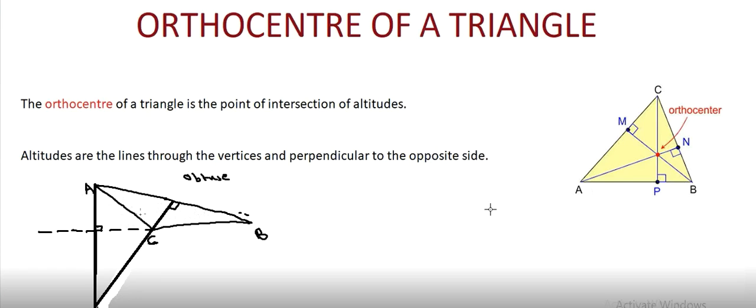The opposite side of B is CA. So if we draw a line from here like this, it may not be 90 degree. So we cannot draw it like that. So how can we draw? I am extending this line here.